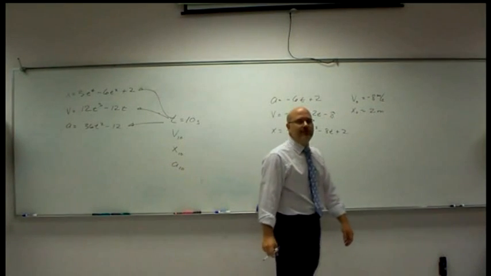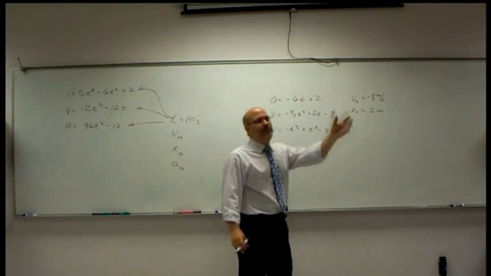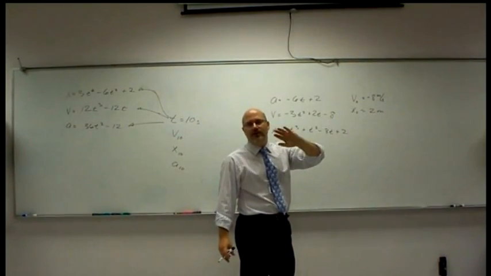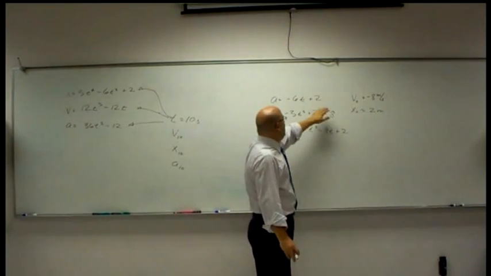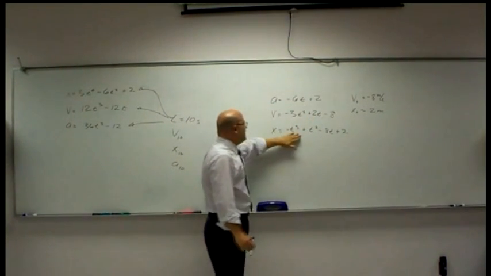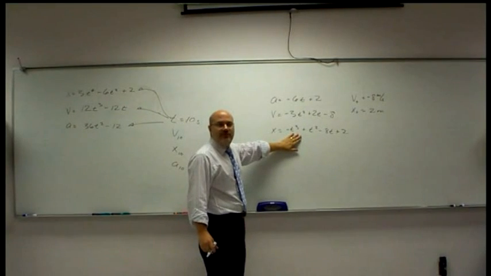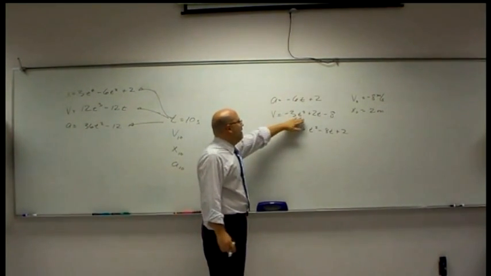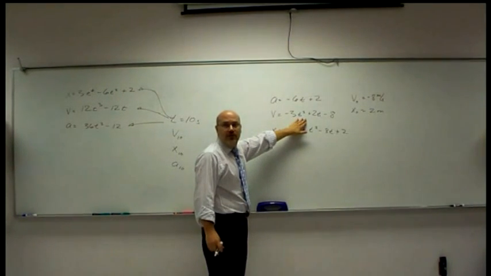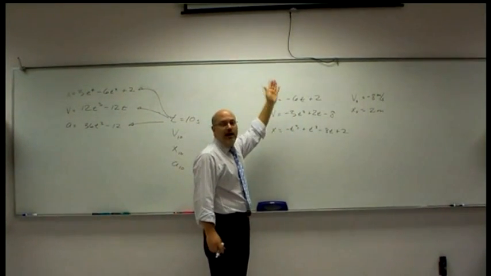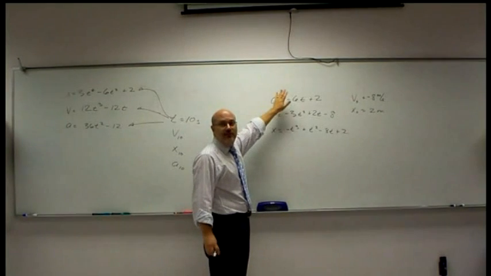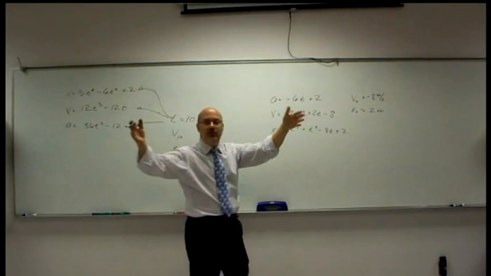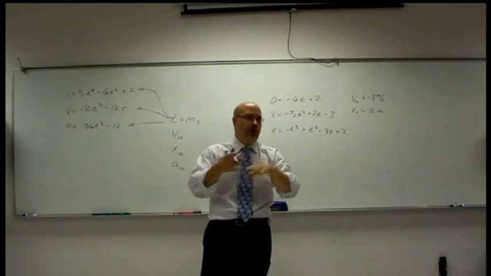Now, what if they'd ask you something like this instead? I'm sorry, about when it's not constant acceleration, okay? If you find an equation where the x equation is not squared, it's cubed or higher, or the velocity equation that's not linear, it's squared or higher, then it's not a constant acceleration, and those constant acceleration equations are of no use.